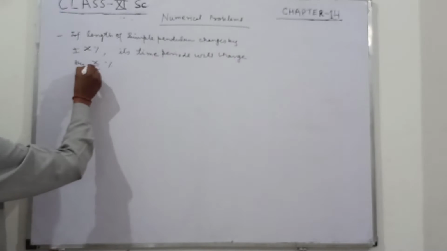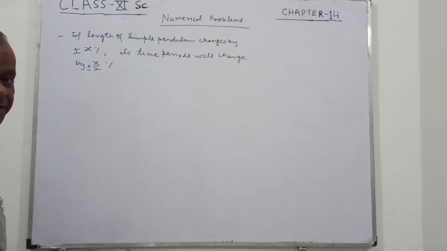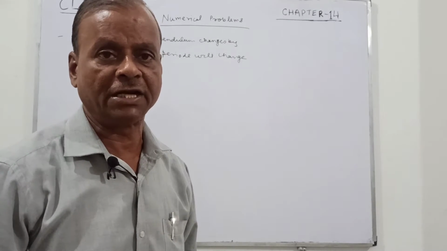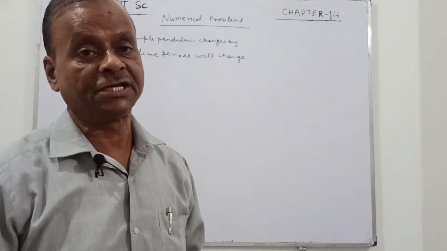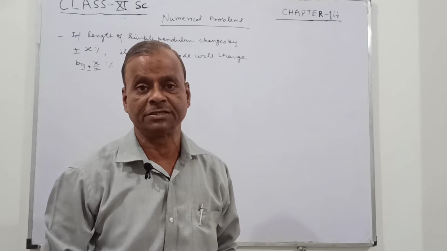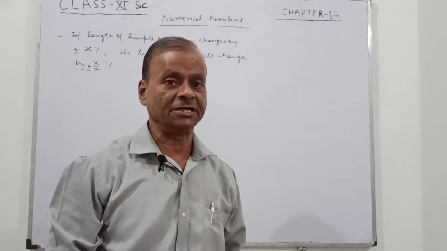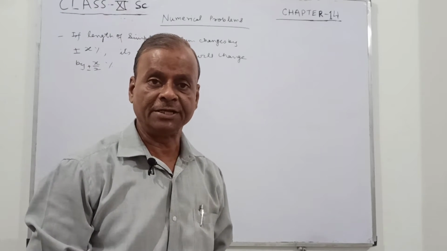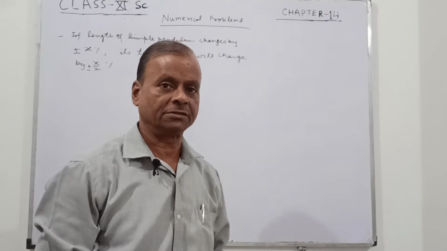Plus minus, here the plus sign is taken for the increase in length and minus sign is taken for the decrease in length. So if the length is increased by x%, then the time period will increase by x by 2%. If length is decreased by x%, then the time period will decrease by x by 2%.